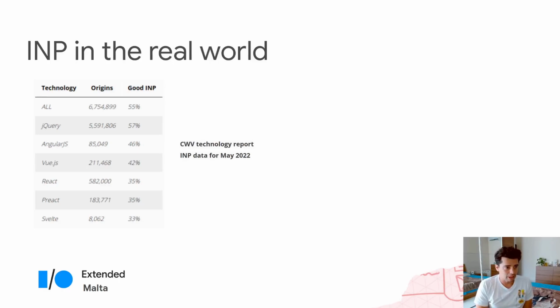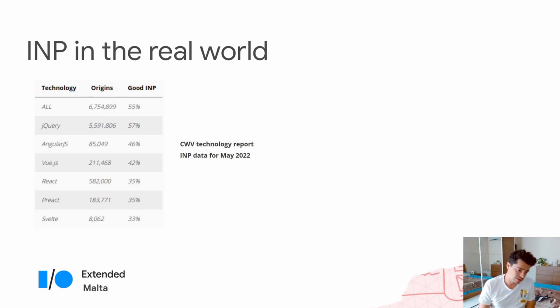And finally, if we take a look at how interaction to next paint looks in the real world and how much work is done, especially when we compare it to the first input delay and the good scores we have seen on first input delay, we could see that across all origins in the CrUX dataset, so again, this data is taken from HTTP Archive, across all origins on mobile, we've got only 55% which get a good INP.